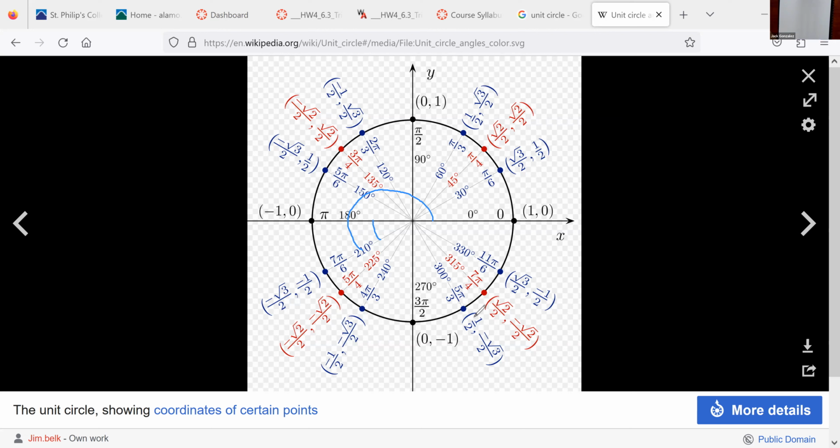Reference angle will never be negative because it's just distance. Let me see if I remember the formula. It's in the book, but reference angle.